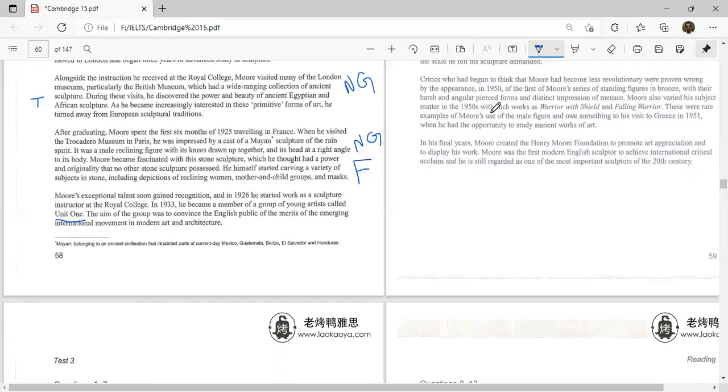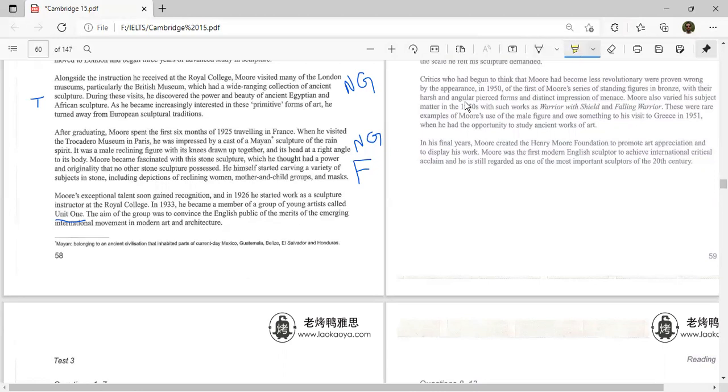The aim of the group was to convince the English public of the merits of the emerging international movement in modern art and architecture.